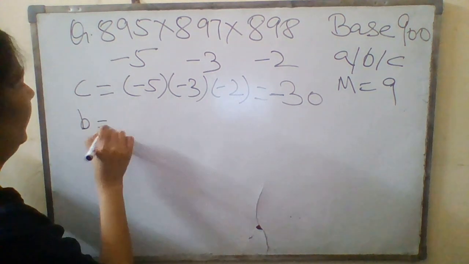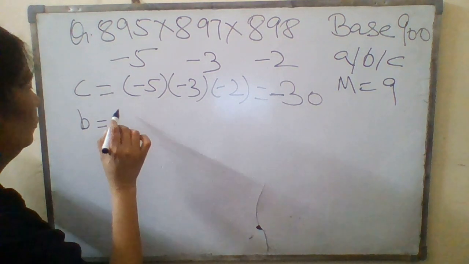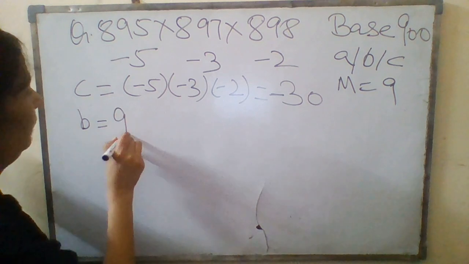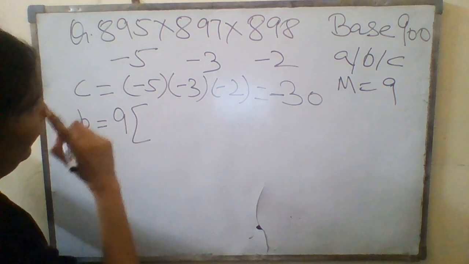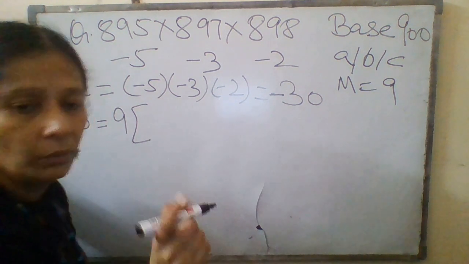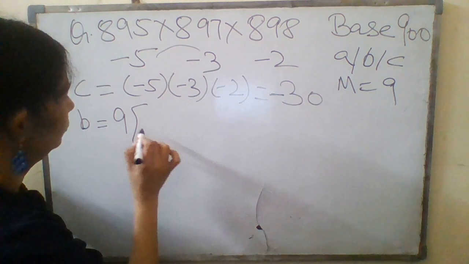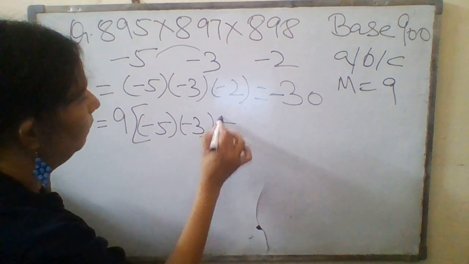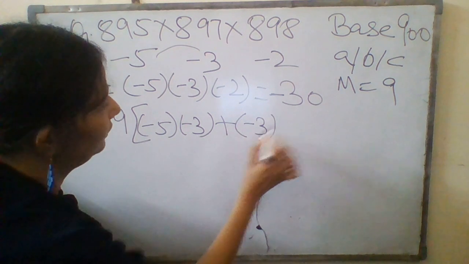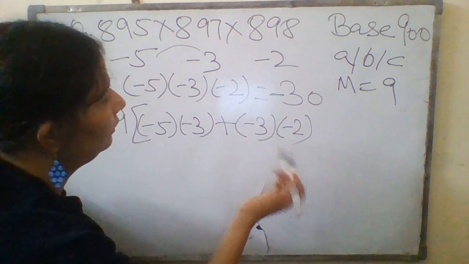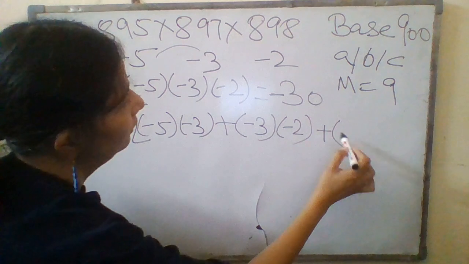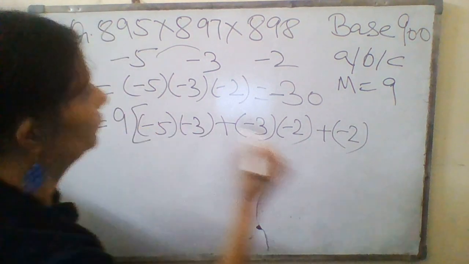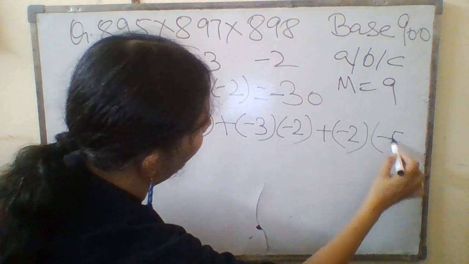Now you have to find out the value of B. To find out the value of B, multiply here is 9. Then in the bracket, what will you do? You have to multiply two terms. What are the first two terms? -5 into -3, then plus, then next -3 into -2, then next two terms are plus, -2 into this -5.